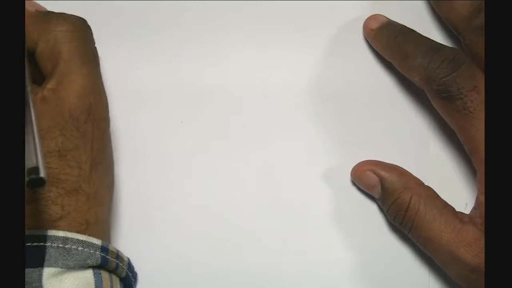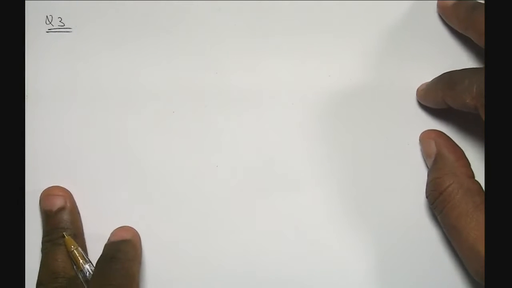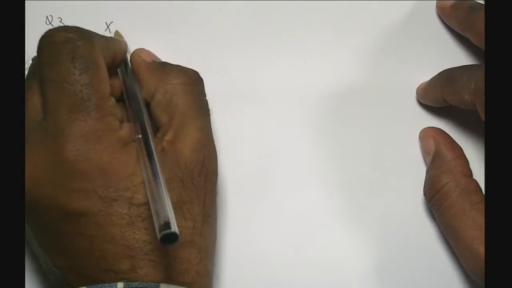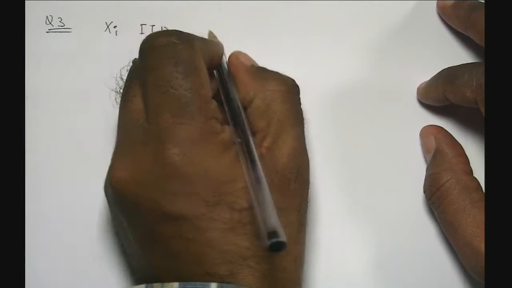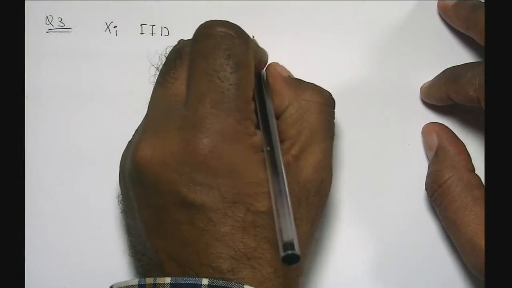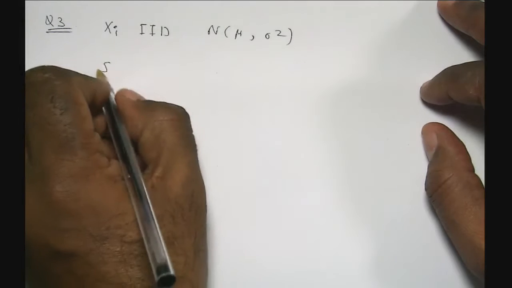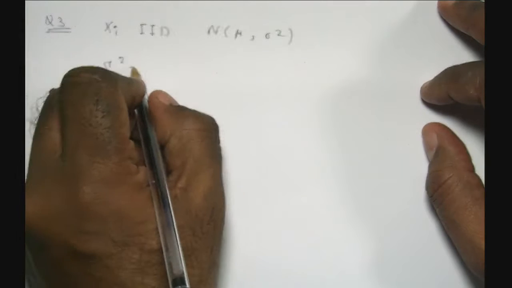All right, guys. Let me show. Some people are struggling with question 3. So you have xi and you have s squared defined like this.